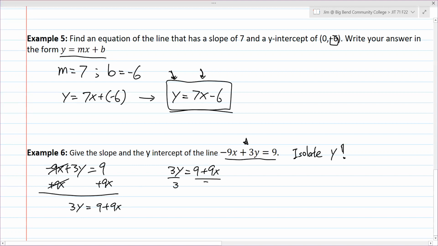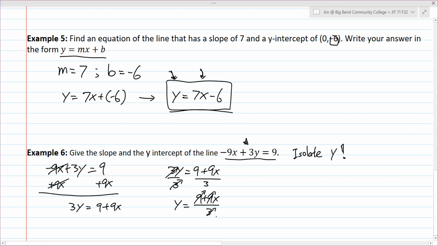Then we can divide by 3 to divide out the 3, and then now you have y equals (9 plus 9x) over 3. And guess what? The right-hand side can be simplified as well. You can divide all the terms by 3.